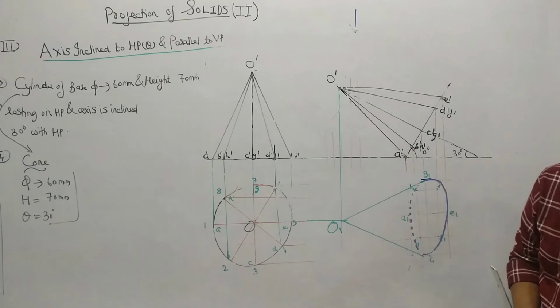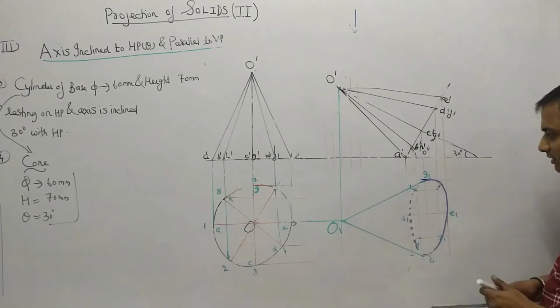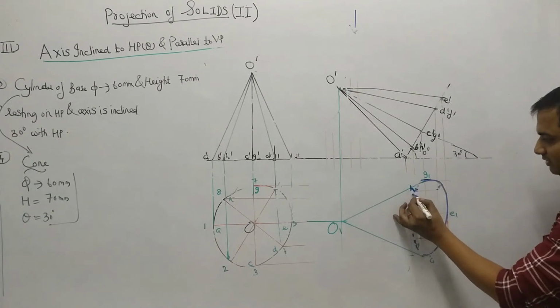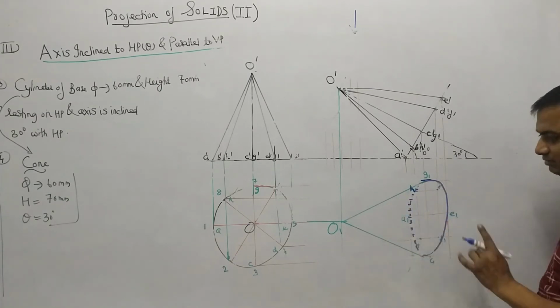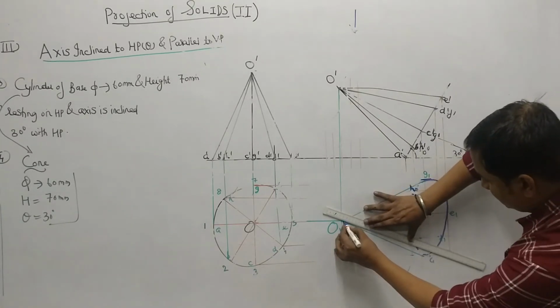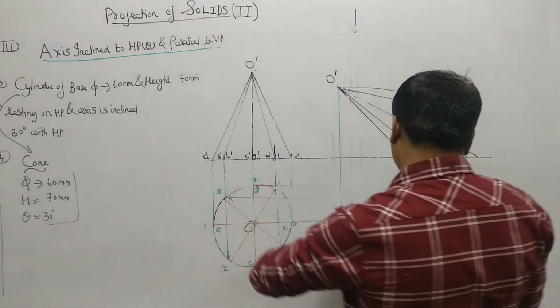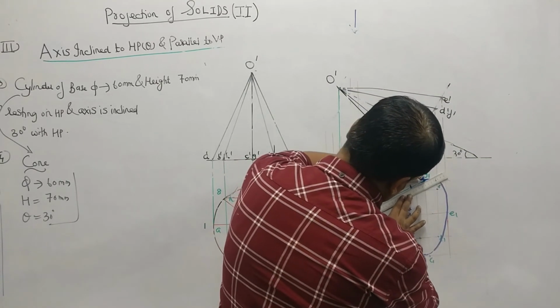Okay, so this is my required top view of the cone. As this part will not be visible, it will be dotted. So the top view will be shaped like this, and these lines will be tangent to the ellipse.